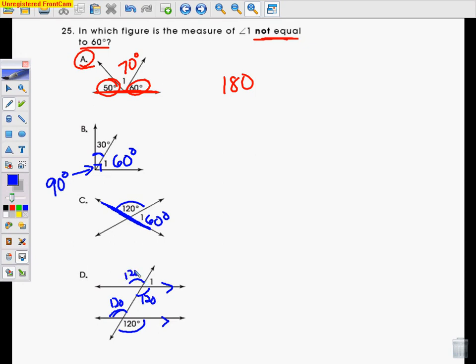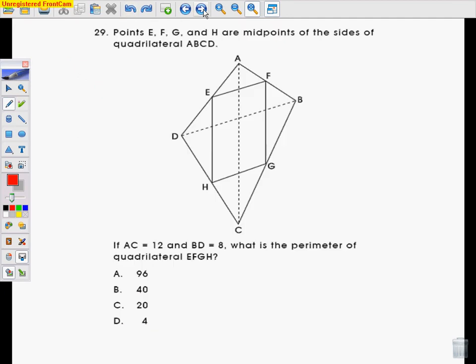So that means that this angle here, angle 1, has to be 60. Okay, because this whole thing has to add up to 180. All right, so in B, C, and D, all the angles were 60, so A is the one that is not equal to 60.